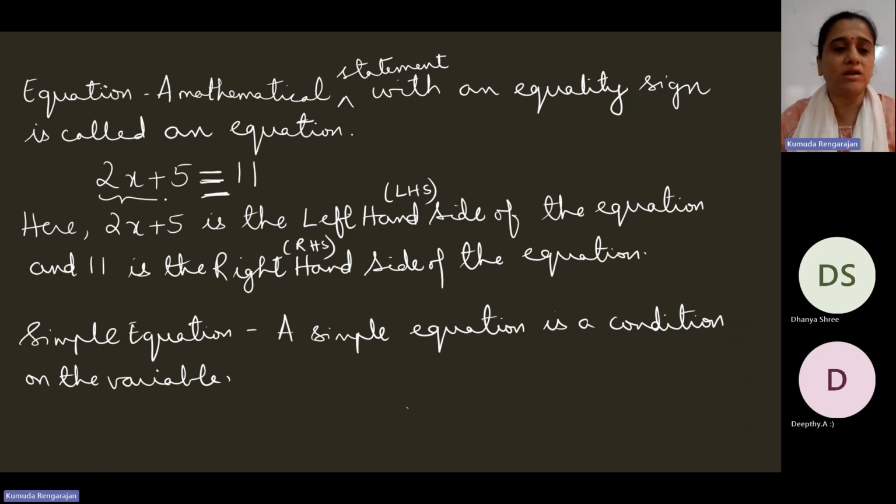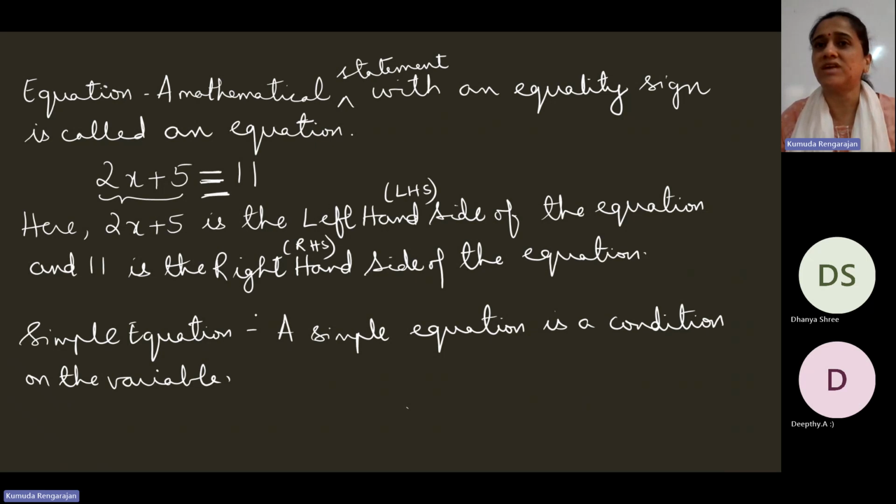Okay, so now this is called the left-hand side. 2x plus 5 is an expression, and this is on the left-hand side of the equation. And 11 is also an expression, which is on the right-hand side of the equation.